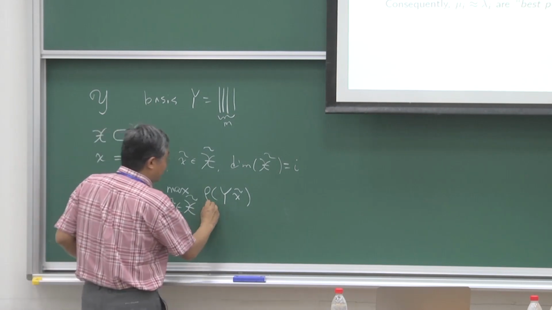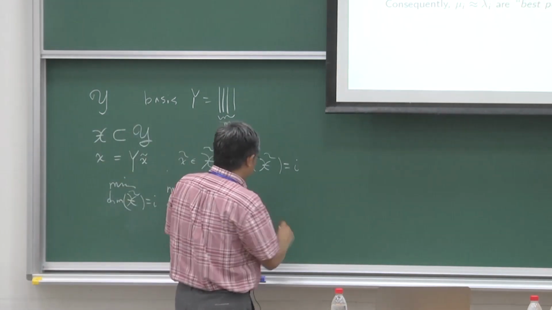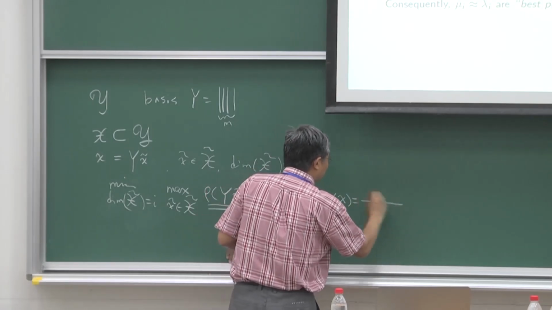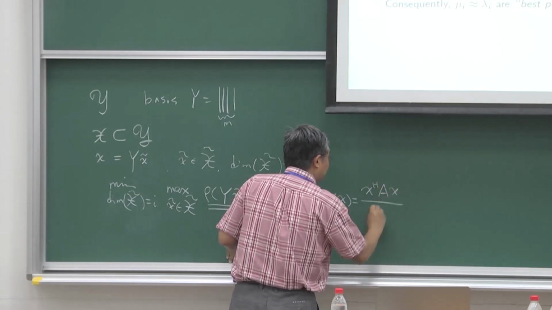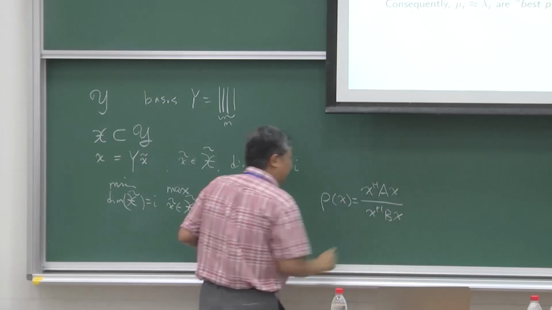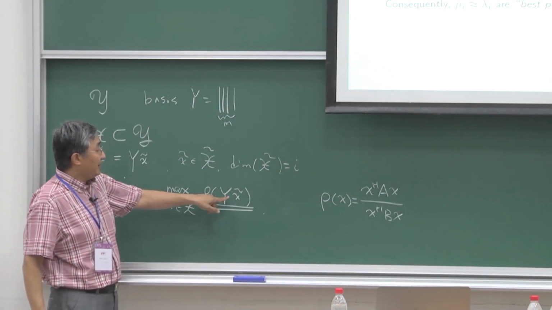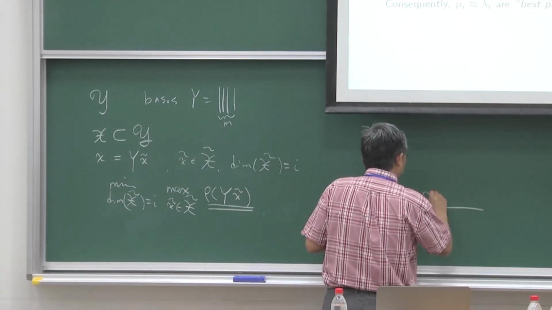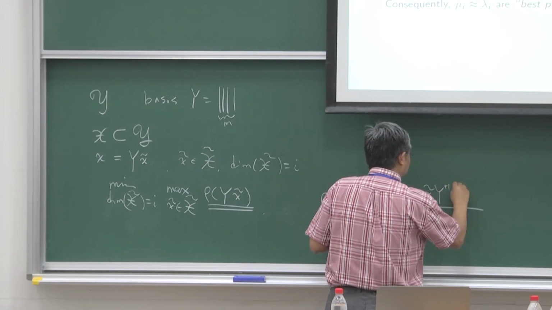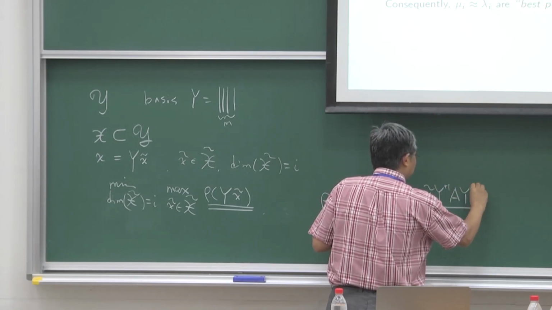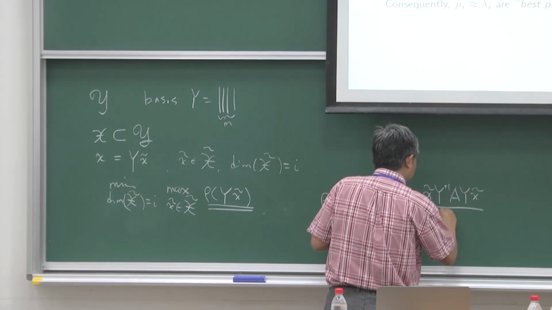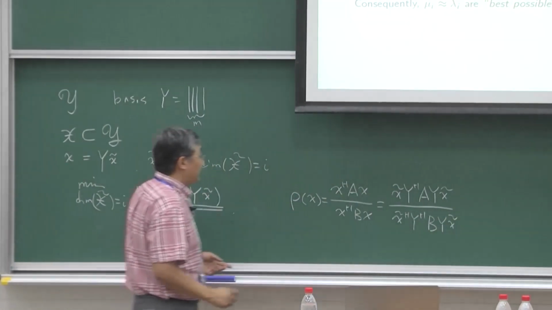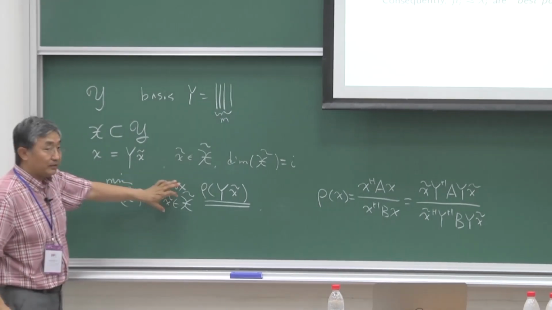Then you look at what that is. You can think of it as the Rayleigh quotient rho of x equal to x transpose A x over x transpose B x. Then you plug in x equal to Y x tilde, and that gives you this expression.